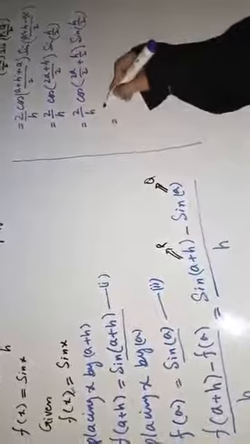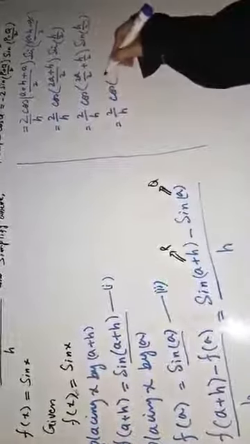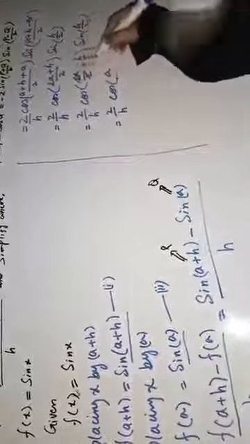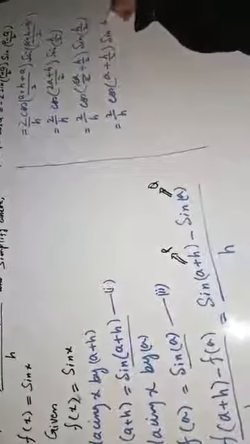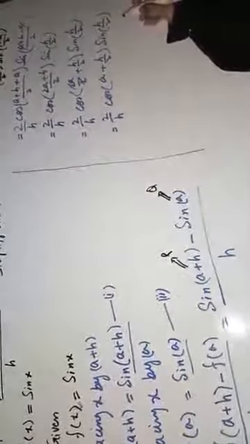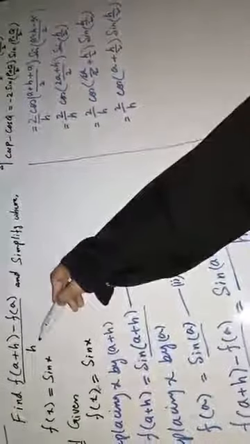In the next step, the 2 cancels out, giving 2 over h cos of (a plus h over 2) sin of h over 2. This is our final simplified form. In this way we have calculated f of a plus h minus f of a, divided by h, and simplified it.